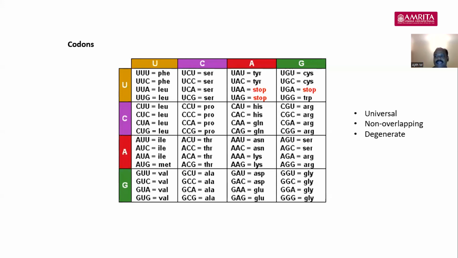Clearly this indicates that there are synonyms. Meaning, there are slight variations of the codon coding for the same amino acid. So you have multiple codons coding for a single amino acid. This property, people call degeneracy.